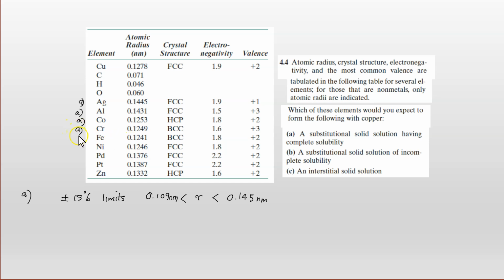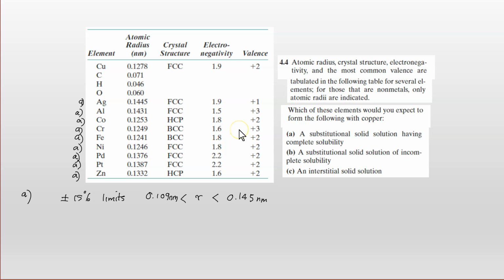Iron in range. Nickel is in the range. Palladium, yes. We've got platinum, yes, and zinc. So okay, on the basis of rule 1, we haven't ruled out any of the metals. The non-metals will not form a substitutional solid solution.